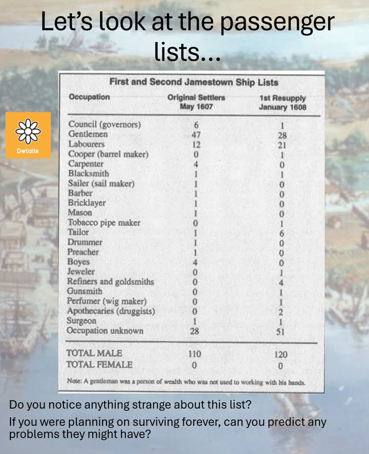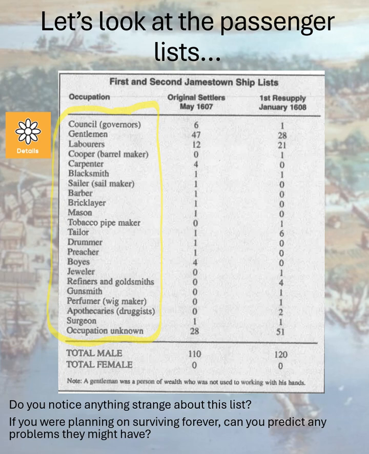So I have here the passenger list of the first and second trip to Jamestown. The first in 1607, and then again in 1608, 1609 was the resupply mission. If you look at the first list, look at the occupations that were in this list and the number of people they sent.